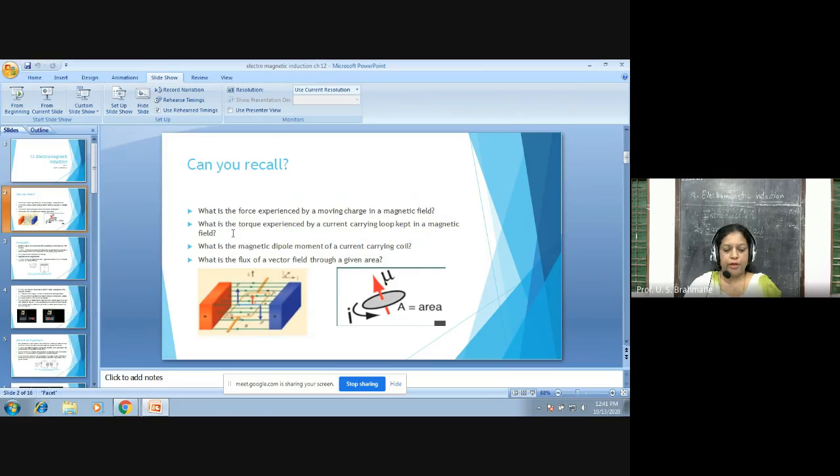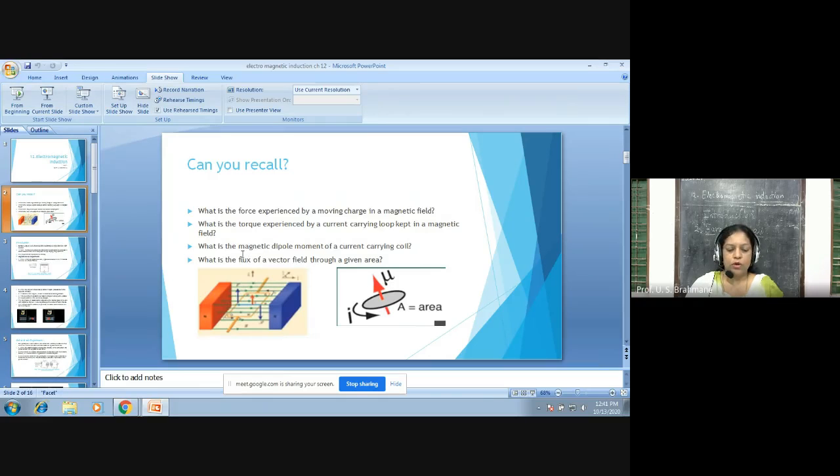Then we have the torque experienced by the current loop. You can see this is the coil here, and there is a magnetic field here. This is the north pole, this is the south pole. When it is placed here, we can see that it experiences a torque. We have seen the relation: tau is equal to mB sin theta.